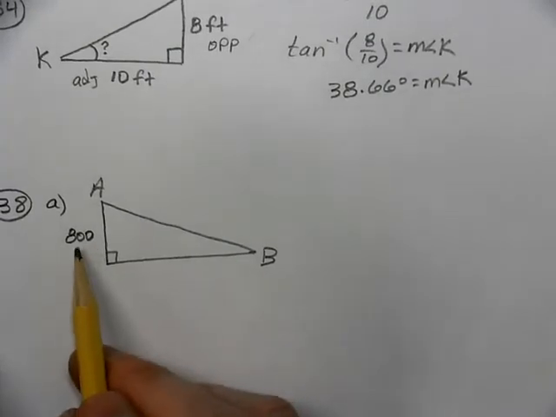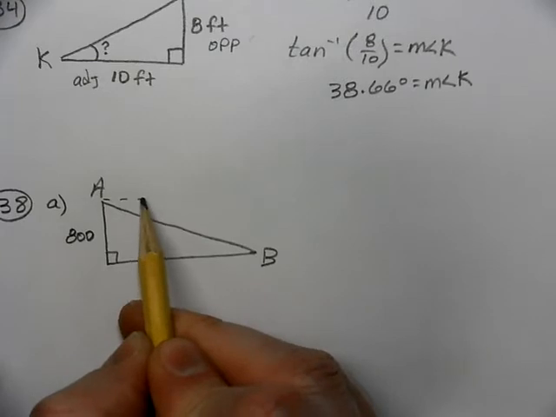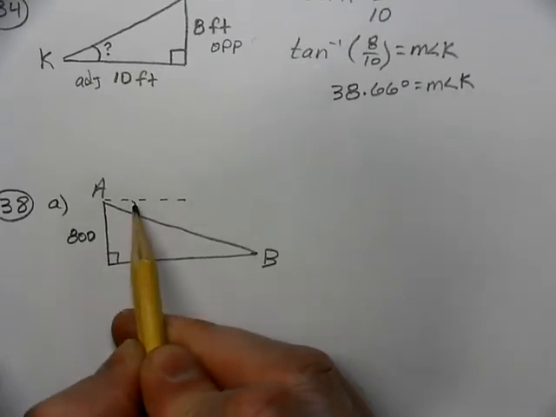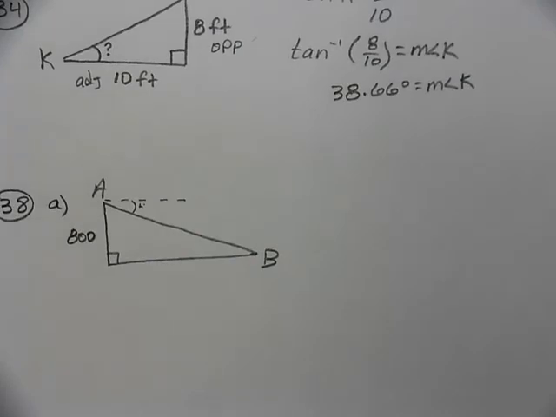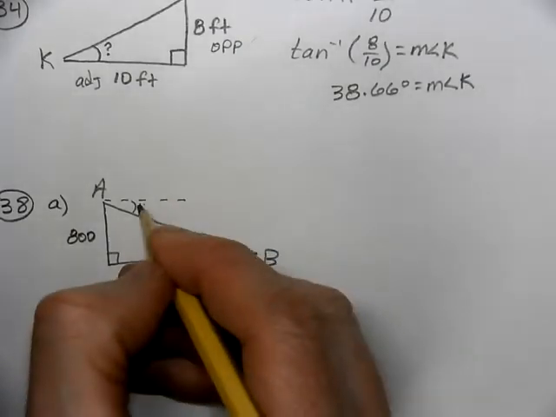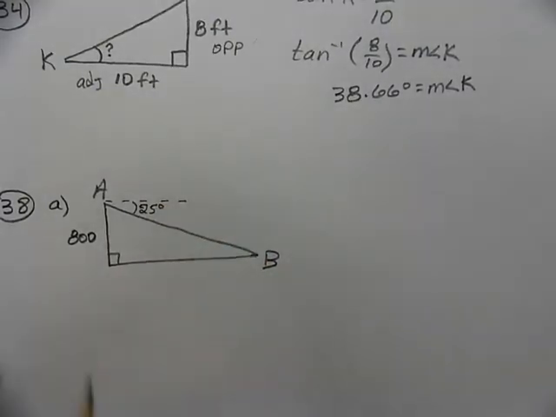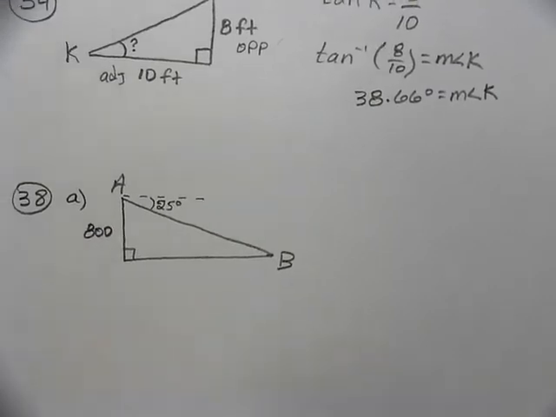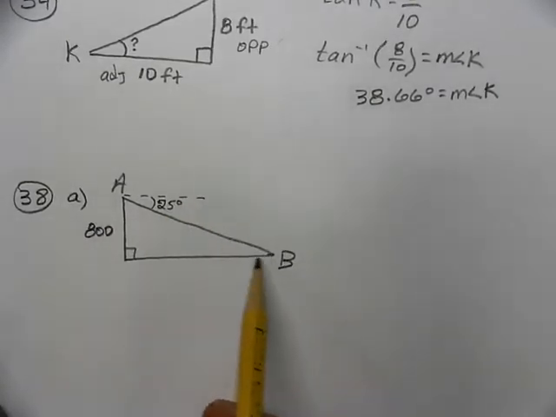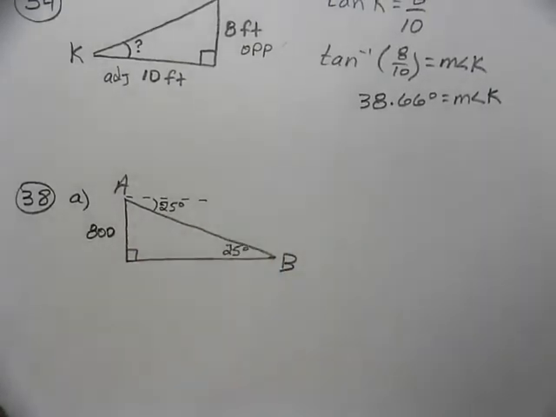So we know that we're 800 feet high. The angle of depression, they said, is right here, which is 40. Actually, it's 25 degrees. Now, if the angle is 25 degrees here, then we know alternate interior angles would show that this angle is also 25 degrees.